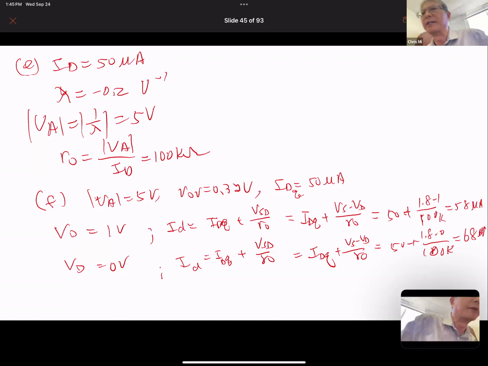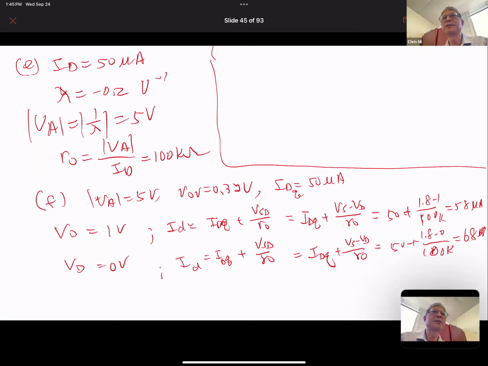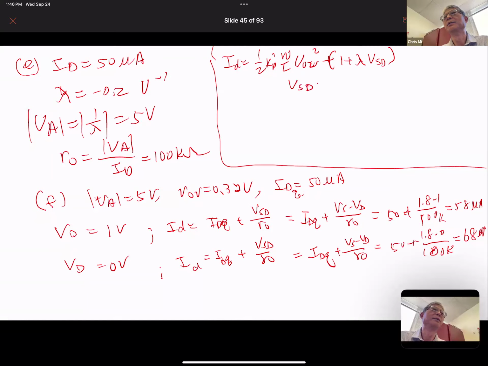Now, this is a simplified way to do it. You can actually do it the hard way, which means you can always write ID equal to 1/2 Kp W over L VOV squared times 1 plus lambda VSD, and you can plug in VSD, because VSD equals VS minus VD, and it has two values, which are 1.8 minus 1 or 1.8 minus 0.